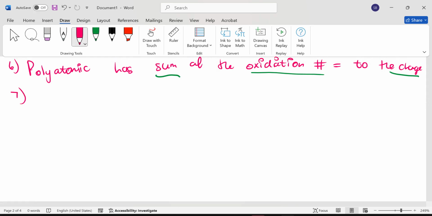So this one basically looks at the fact that if we're looking at a certain transition metal, say iron, the transition metal oxidation number is indicated by what we call the stock notation.